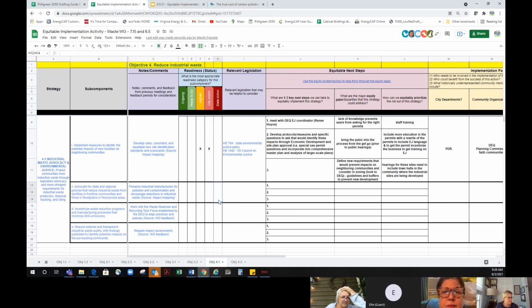I think that requires state action. Well, advocating doesn't require the state action, right? The end goal is state action, maybe, but the advocacy is partnering with different groups that have the capability to lobby or things along those lines.